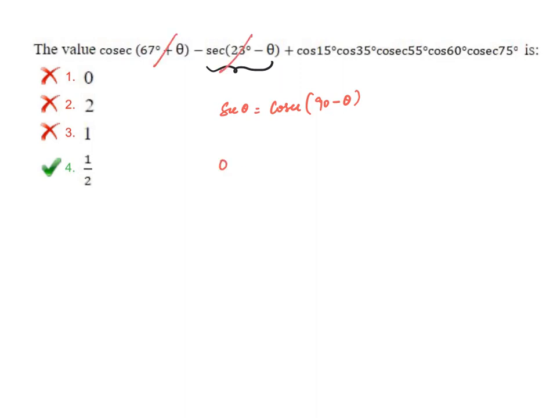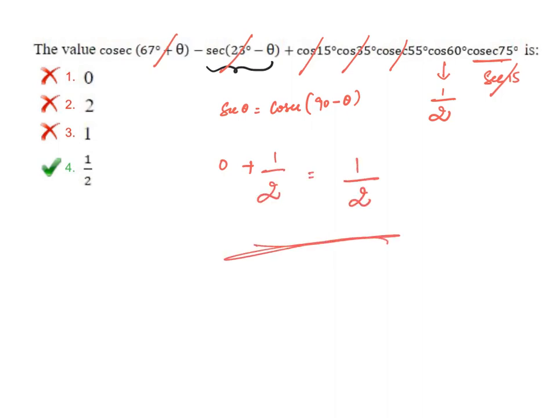That becomes 0 plus cos 15, which is the same as cosecant 75. You can write it as secant 15. So, cos 15, secant 15 cancel. Cos 35, cosecant 55 cancel. Therefore, you are left with cos 60, that is 1/2. 0 plus 1/2 is 1/2. Answer is 1/2 here.